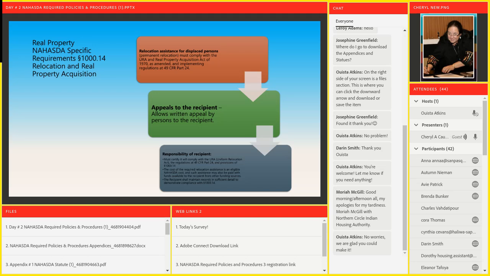Relocation assistance for displaced people. In the case of a permanent relocation, they have to comply with the URA and the Real Property Acquisition Act of 1970 as amended, and implementing regulations found at 49 CFR Part 24. As I said at the beginning yesterday, we have more policies and procedures than almost any other program, and they go into things like this.